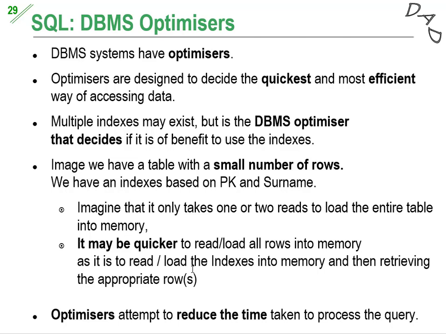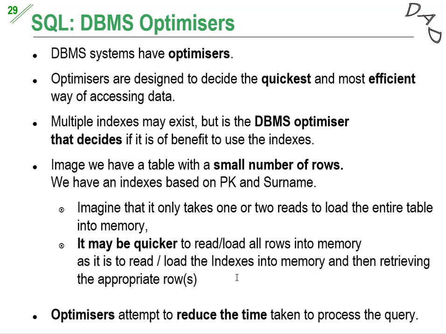If you have a small number of rows in a particular table, we basically don't need any indexes, or we can create a small index based on the primary key, which is the quickest method to retrieve information from that small table. But even if you create an index, because they have optimizers, the database management system will determine whether to use that index or not.